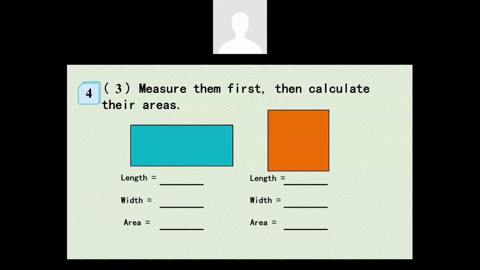Yes, great. Why is the second one 3 multiplied by 3? What is special about it? Who can answer? Its length and width are equal.